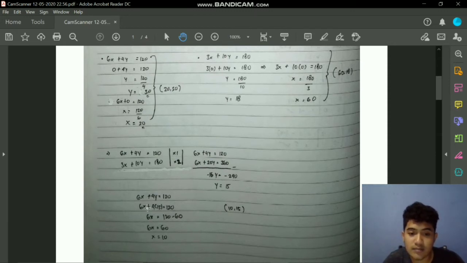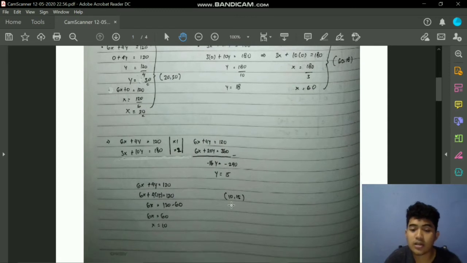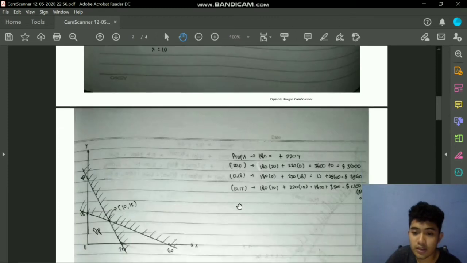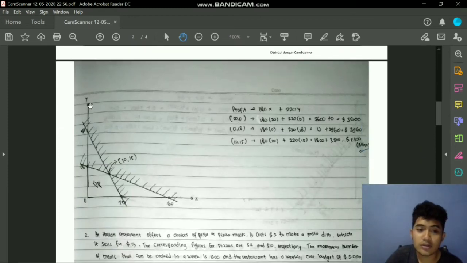So 6x plus 4 times 15, and we get this, and x is 10. So we get x is 10 and y is 15, and we get the graph.